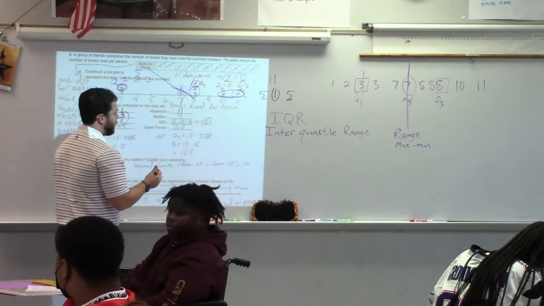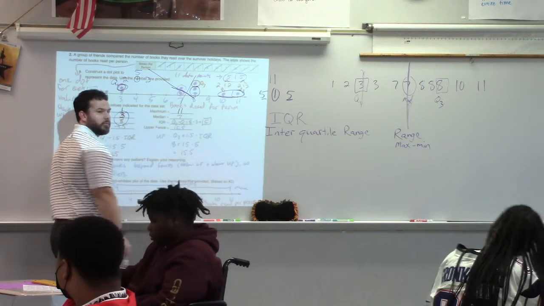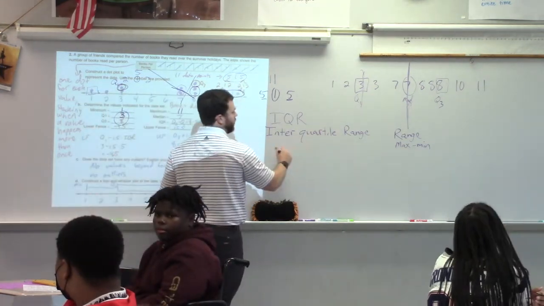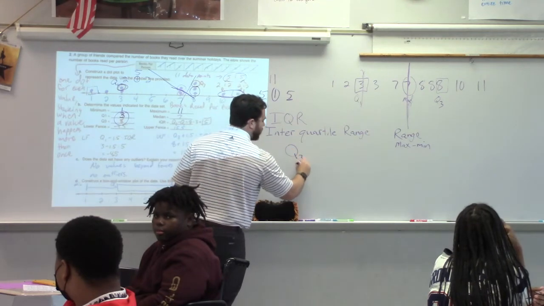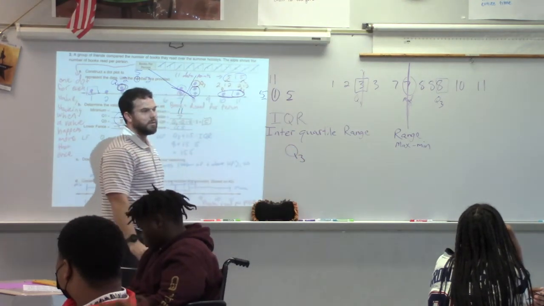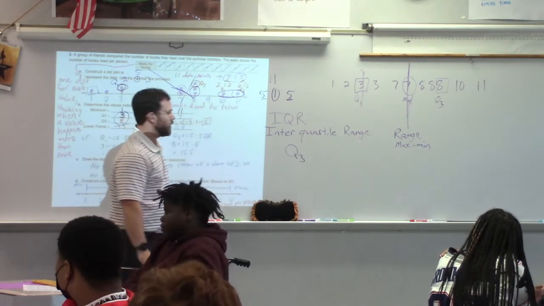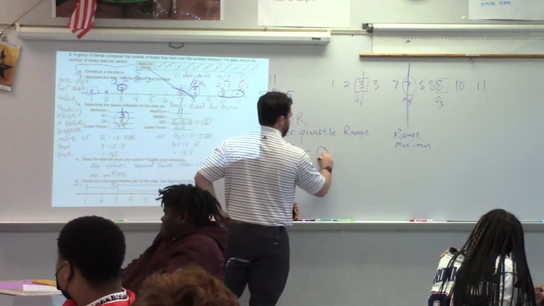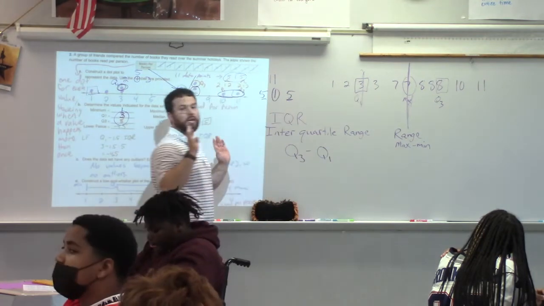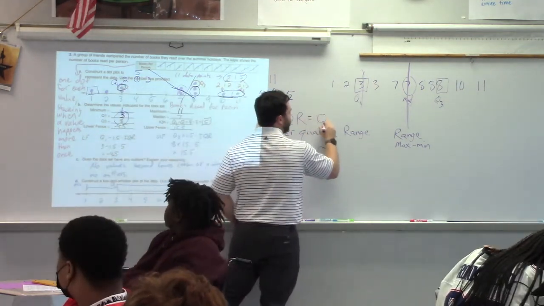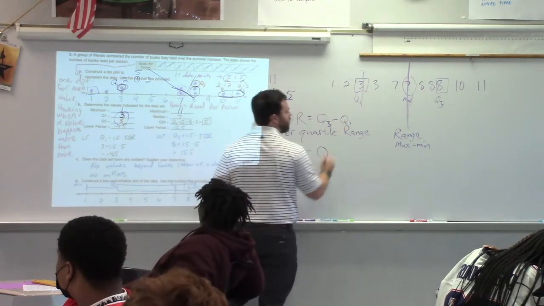I mean, is it the higher quartile? Yes. So if I want the interquartile range, the higher quartile is Q3. And now I need the minimum for that interquartile range, which would be Q1, and so I need to subtract. That's interquartile range. IQR is always Q3 minus Q1, just like max minus min.